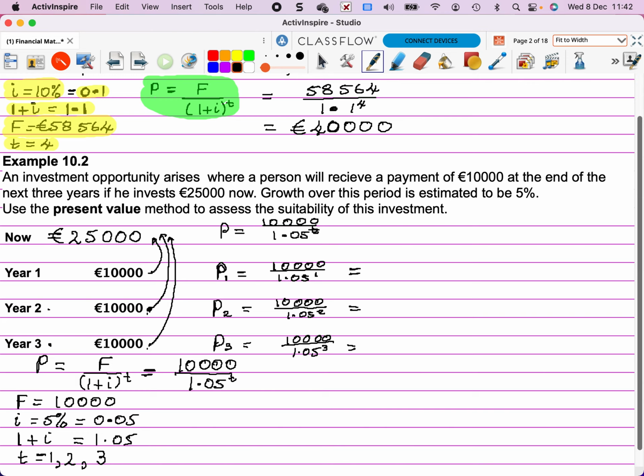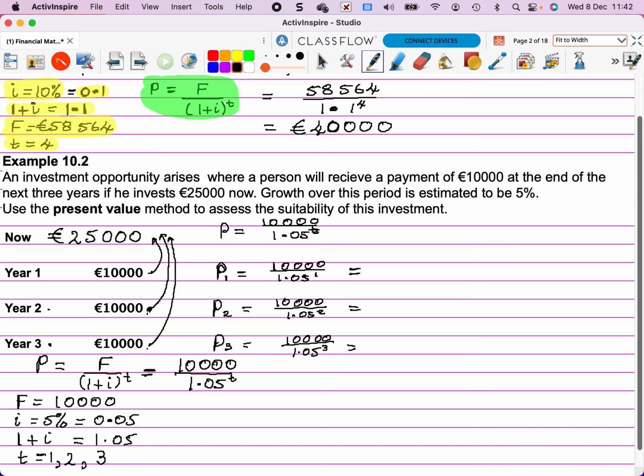Now I've got a choice. I can work out each one separately and then type them in again to work out the total, or I can do it all in one go. So I'm going to type this all in one go and add the 3 fractions together as I go.